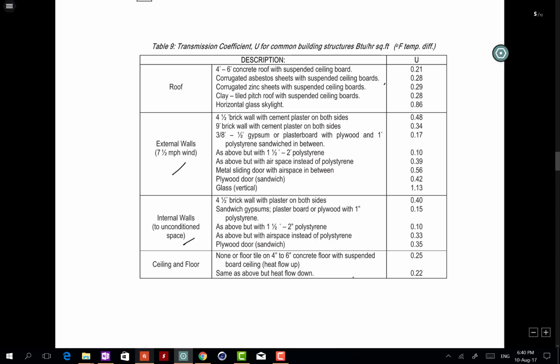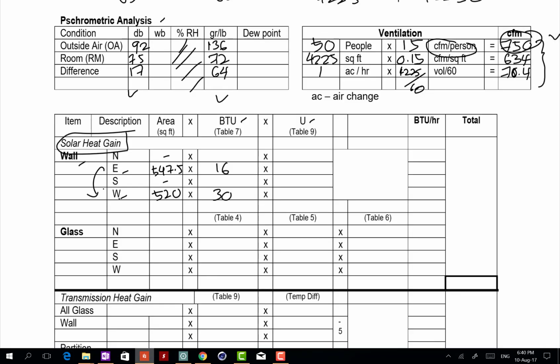So we should get external wall. So for our case, it is made by 4 half brick wall with cement plaster on both sides. So the value of U is 0.48. Okay, so now we fill up again 0.48 here, then 0.48 here, because it is the same.